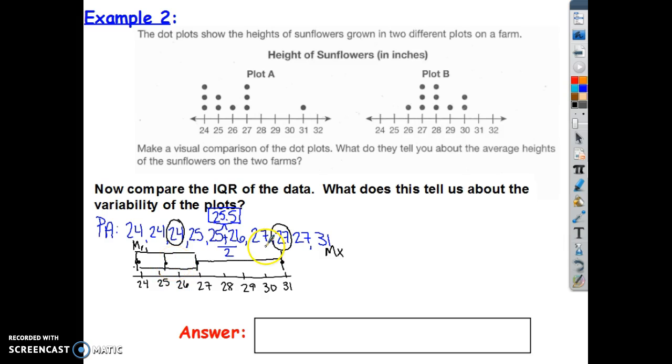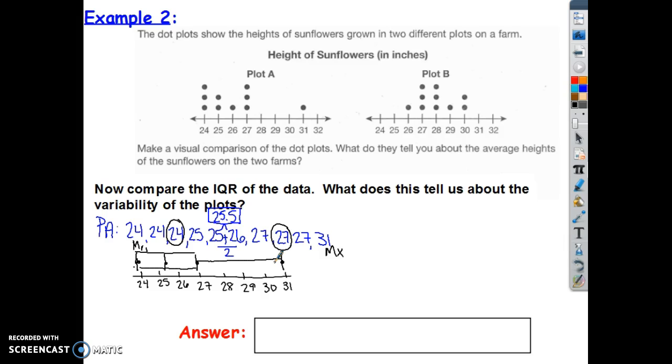My upper quartile was 27, my third quartile, and then my maximum was 31. So what this box plot shows us is that most of our data is from 27 and below, and the 31 could maybe be an outlier. It's a little bit further away from the rest of the data. Now what you're going to do is the same thing I just did here for plot A, for plot B.